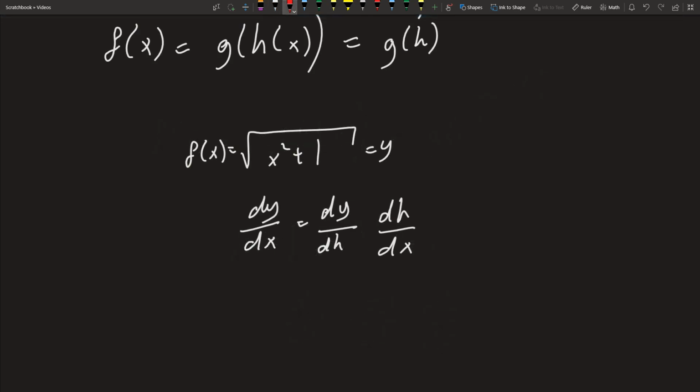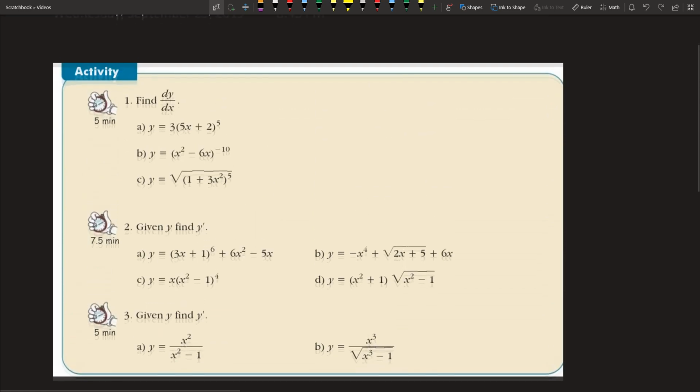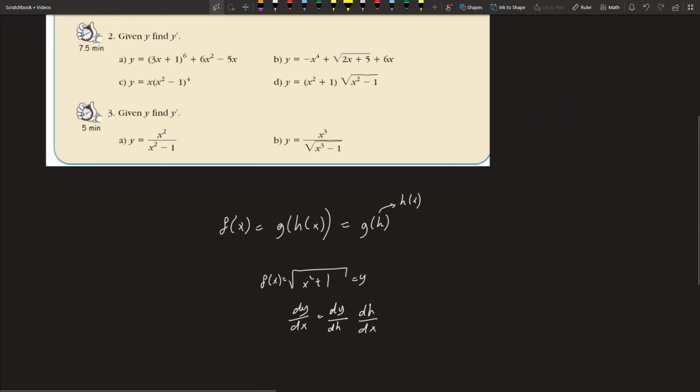And you can see algebraically, you can cancel the dh out and you will end up with dy over dx. So it kind of makes sense, right? We want to find how y changes with h, and then find how h changes with x, then you multiply them together.